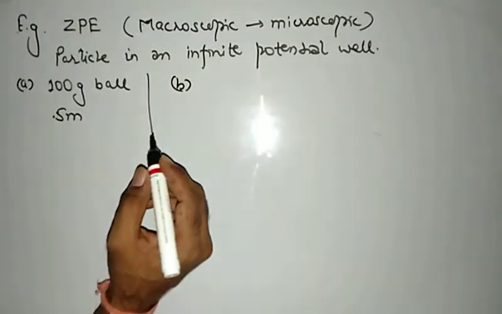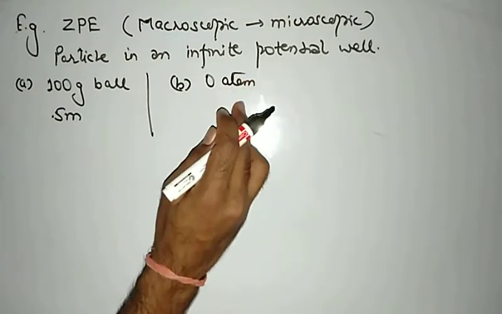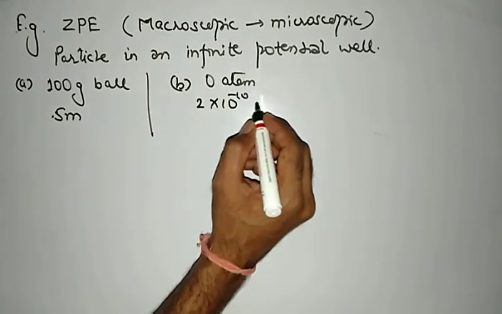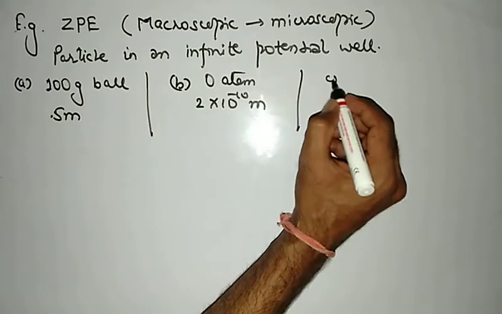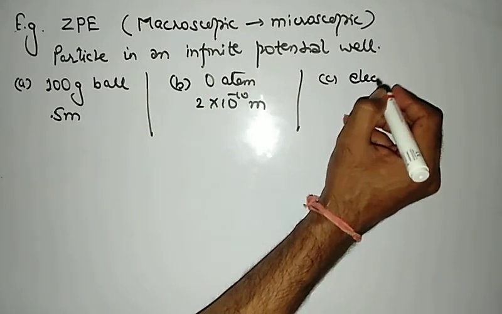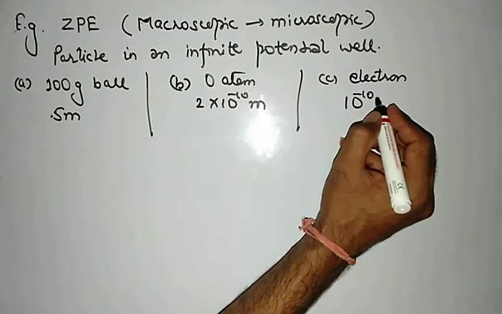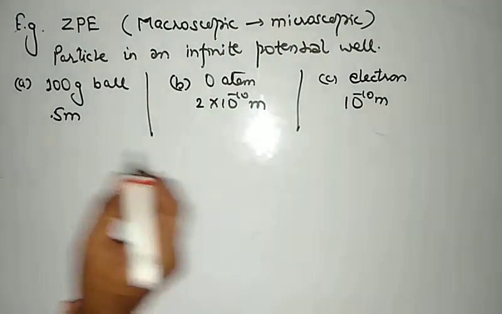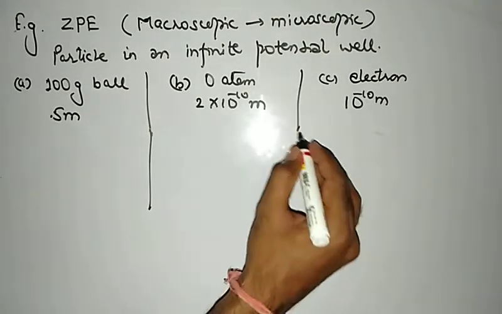For point B, we will see an oxygen atom, which is confined to a 2 into 10 power minus 10 meter lattice. For the third case, we will see an electron, which is confined to a 10 power minus 10 meter atom. So we will calculate the zero point energy for the 3 cases.